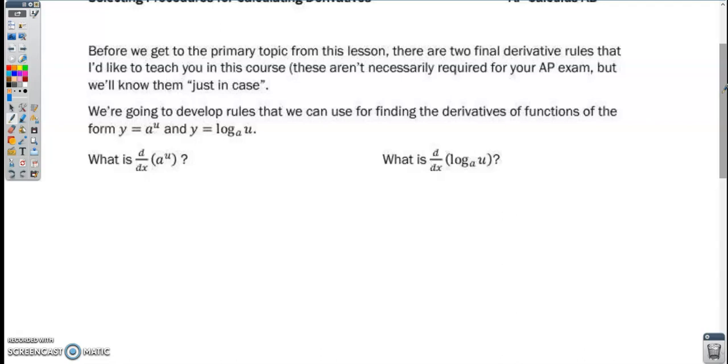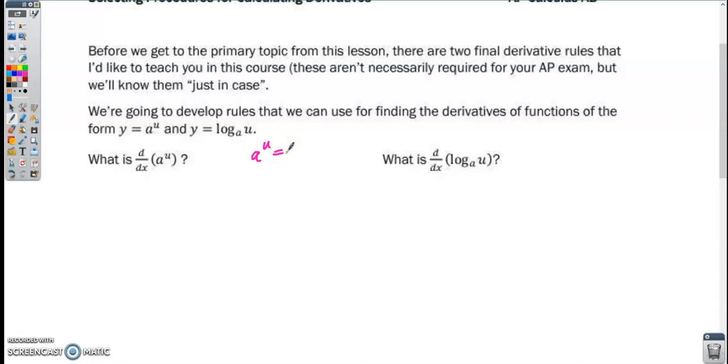So let's develop our rule for the derivative of a to the u. The first thing you want to understand is you want to go back to thinking about rules that you knew for exponentials and natural logarithms. And one thing we know is that the natural exponential and the natural logarithm are inverses of one another.